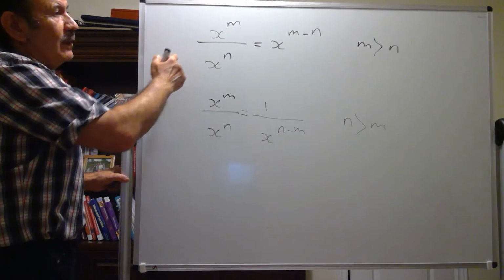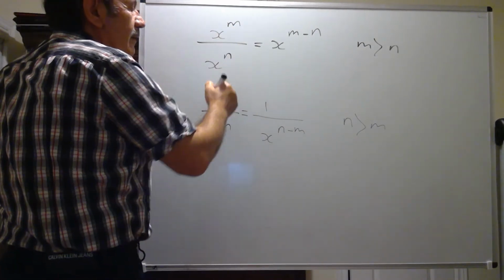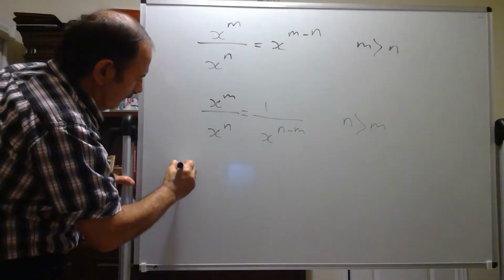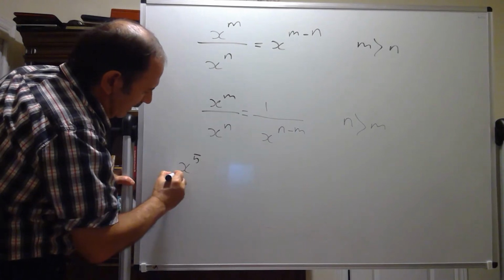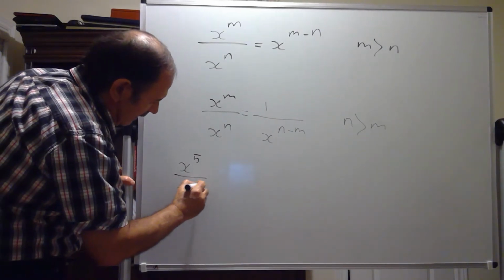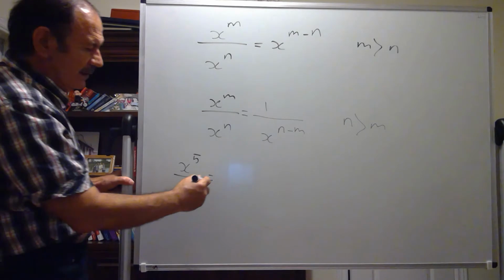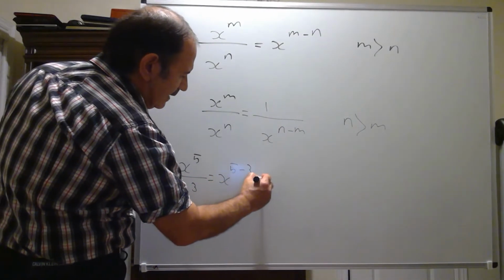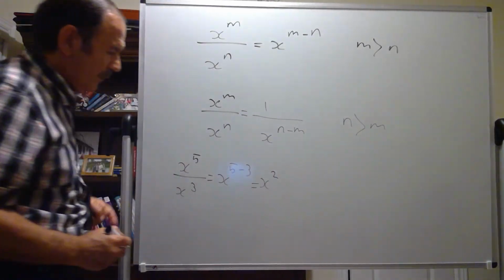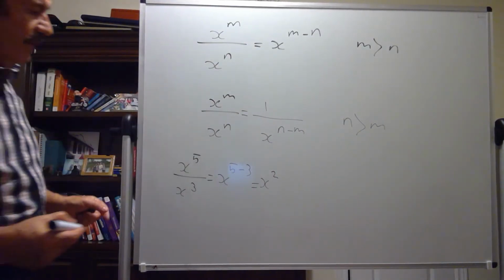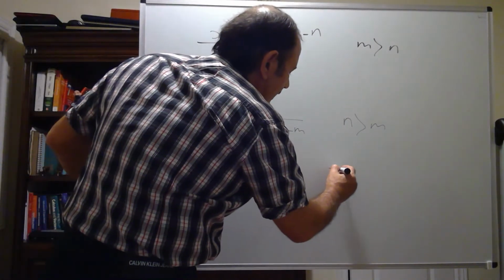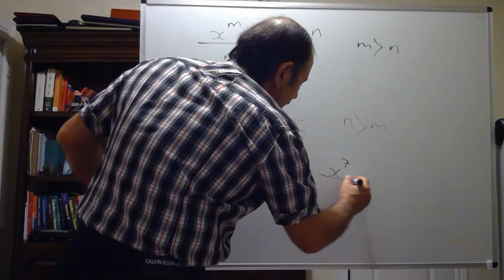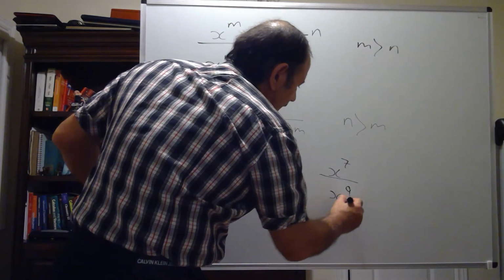For the first part, the top one, x to the power of 5 over x to the power of 3. Because 5 is greater than 3, we can write it as x to the power of 5 minus 3, which is x to the power of 2. The second one, x to the power of 7 over x to the power of 9.